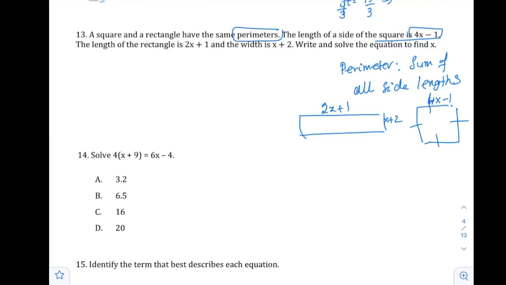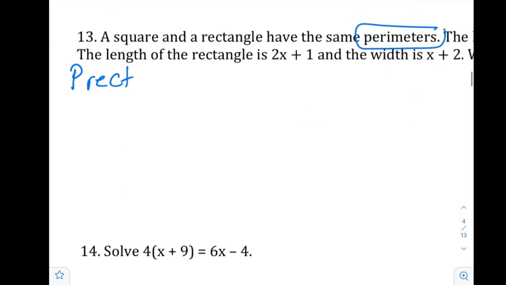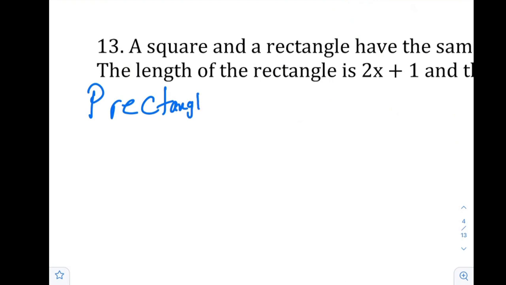Write and solve equations to find x. Okay, in this case we want the information to be summarized. Perimeters are the same. معناها the perimeter of the rectangle is equal to the perimeter of the square.